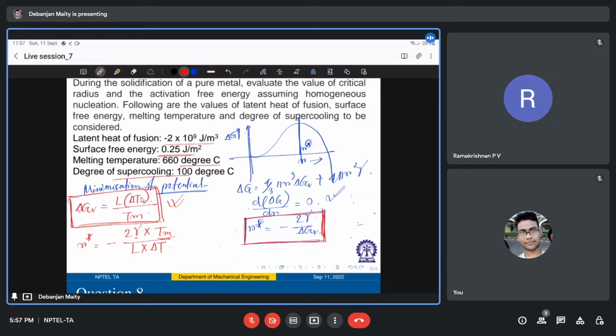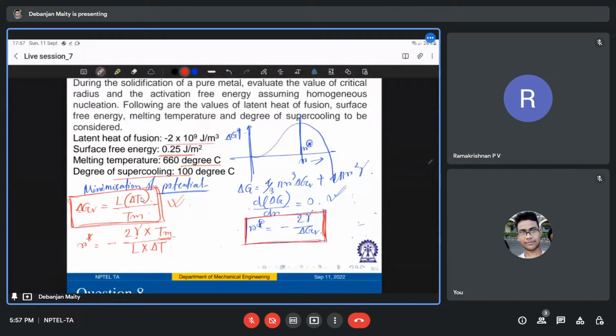So 2 into 1 into 660 divided by. Oh, L is given in minus. So 2 into. Any answer?